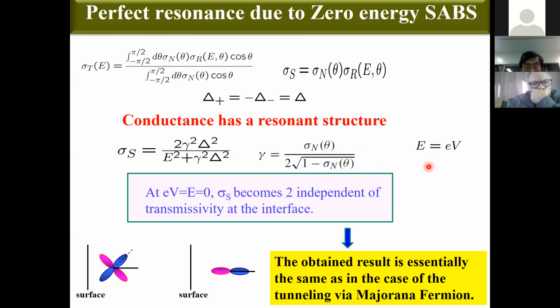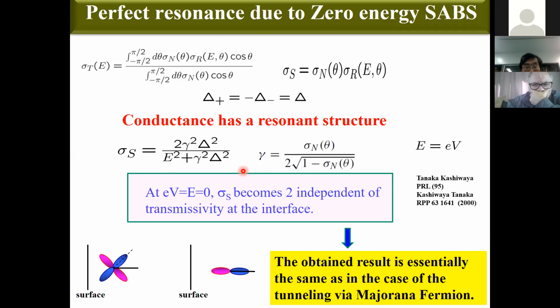On the other hand, at eV equals 0, the conductance sigma s is always 2 independent of the transmissivity in the normal state at the interface. I would like to mention that the obtained result is essentially the same as in the case of tunneling via Majorana fermion. Majorana fermions are now studied in many topological superconducting systems, but our formula obtained more than 20 years ago can easily be extended to the tunneling problem including Majorana fermion.